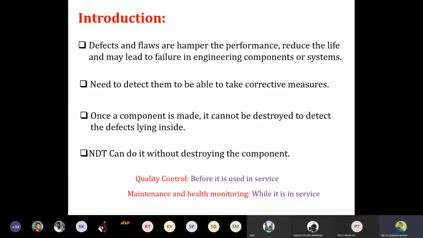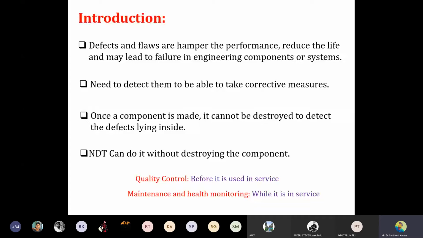Then there is a chance of failure during service. Then you have to check what kind of defects are there and at which particular places. All these things you can measure without destroying the component, otherwise called without disturbing the component. That is one of the major important things.